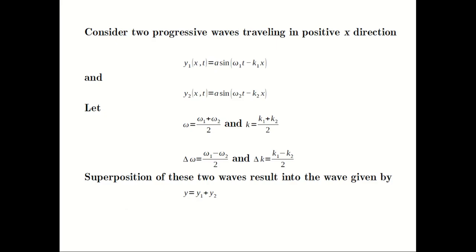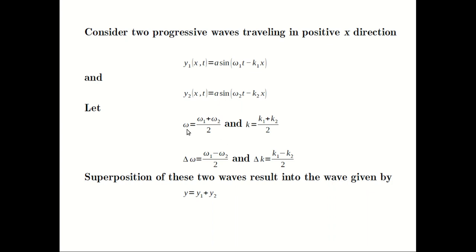Let us consider two waves that are traveling in the positive x direction, y1 and y2, with their angular frequencies omega 1 and omega 2 and propagation constants k1 and k2 respectively. Before applying the superposition principle, let us consider a few things.